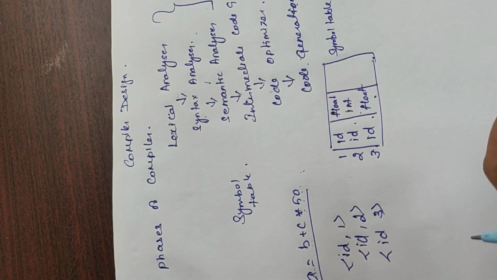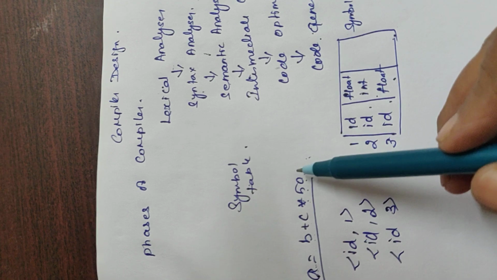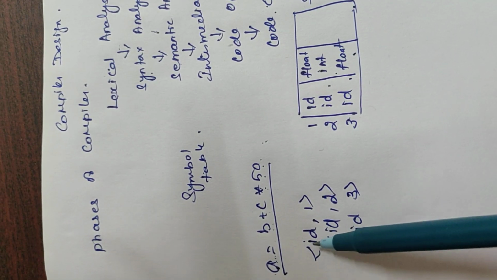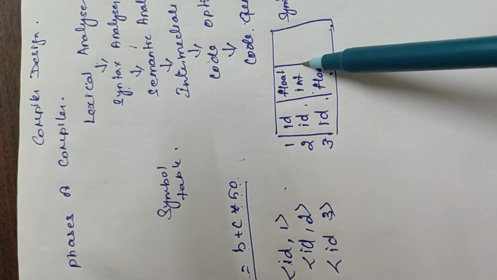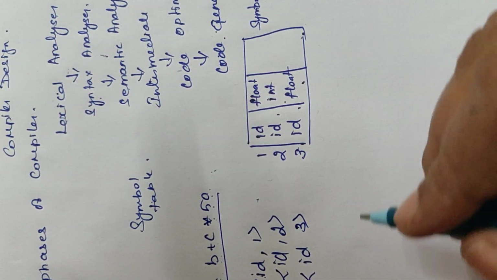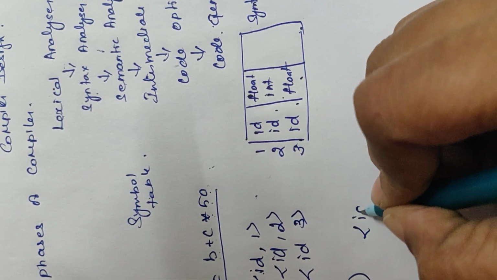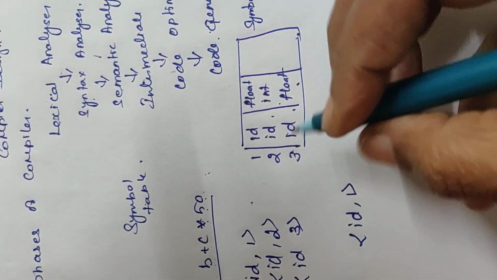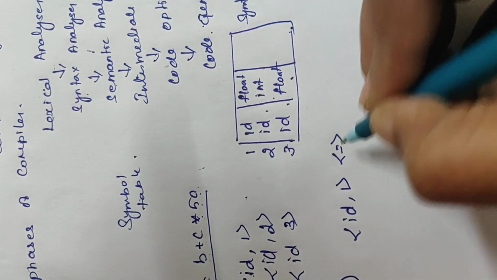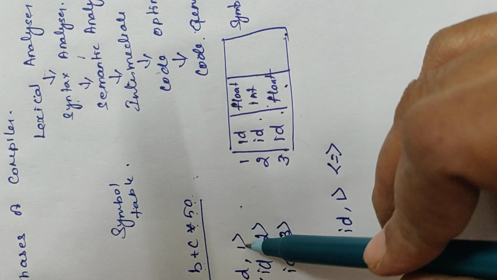Now this lexical analyzer will be scanning from the left to right, dividing this into tokens and making an entry in the symbol table. At the end you will have the structure after this phase 1. It is like ID comma 1 and equal to, because the equal to is going to be an identifier and value pair.